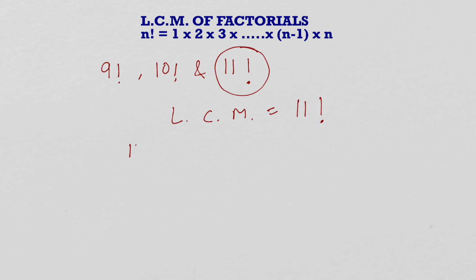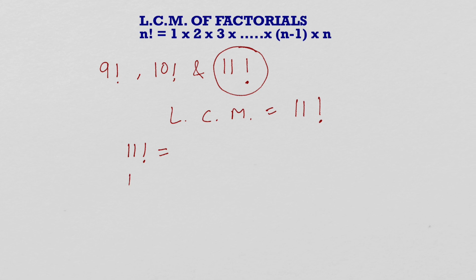Suppose we first jot down all these factorials here: 9 factorial, 10 factorial and 11 factorial. We have to actually write them in factor form, factoring all these given terms in a way that we have some common ground to find the LCM, because LCM is the least common multiple.